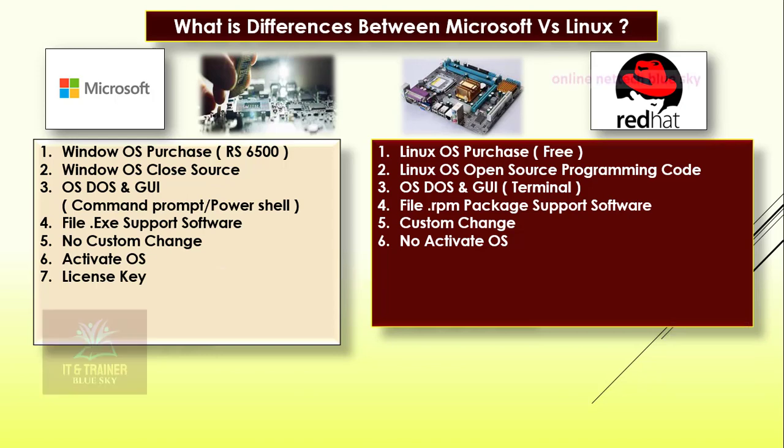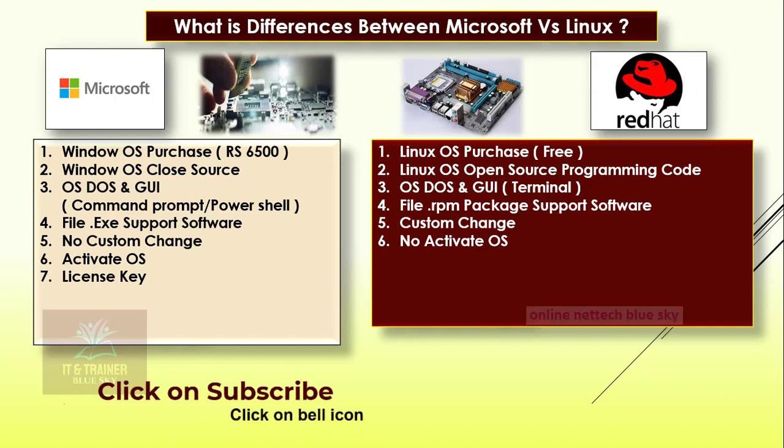This system is different, because whichever operating system you use, Windows 7, Windows 8, Windows 10, you must purchase it and enter the license key in the operating system. Without the license key you cannot fully access it, and sometimes some applications, files, and services stop because of the license key. So for every computer you must purchase first.